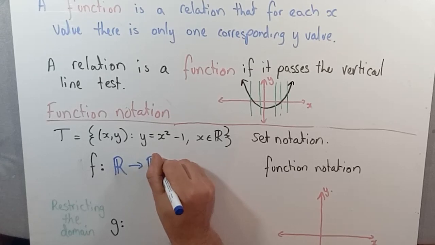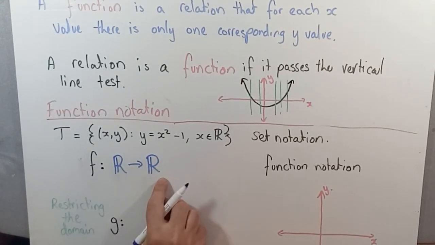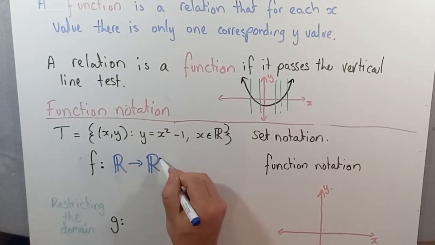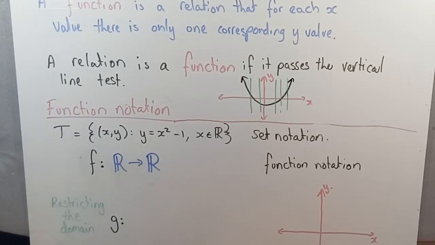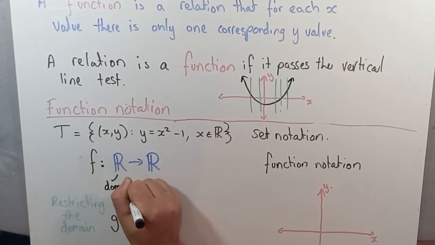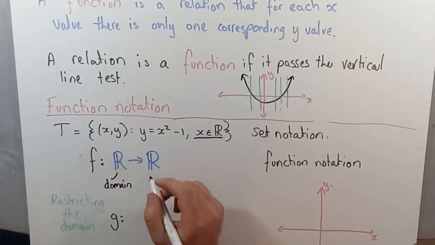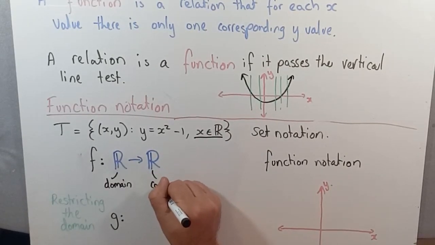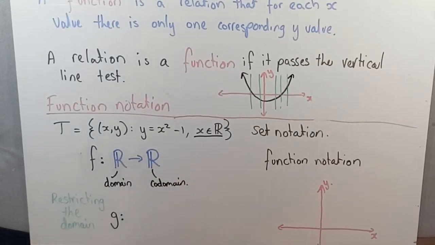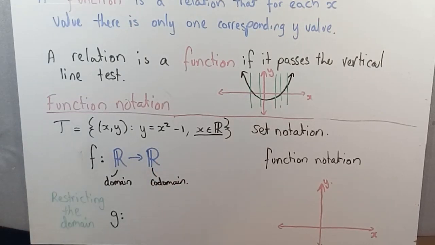Now in mathematical methods, this is always going to be R. So it's saying that the range is a subset of this codomain. So this number here is the domain, which I got from here. This is the codomain, and we know it's not the range. It's just saying that the range will be a subset of this.